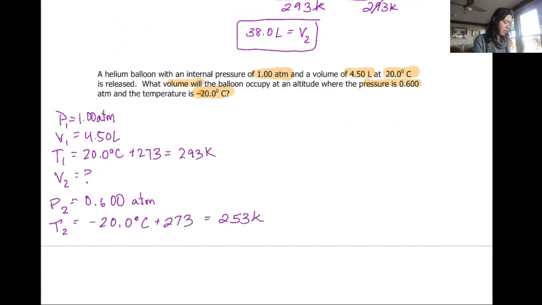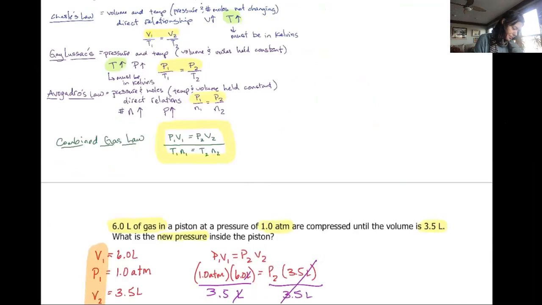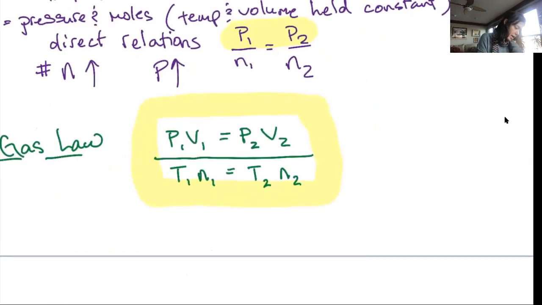Now let's look at our variables to see which gas law we should use. And I see pressures, volumes, and temperatures. So it looks like I could use my combined gas law if I just took the moles out of there, right?